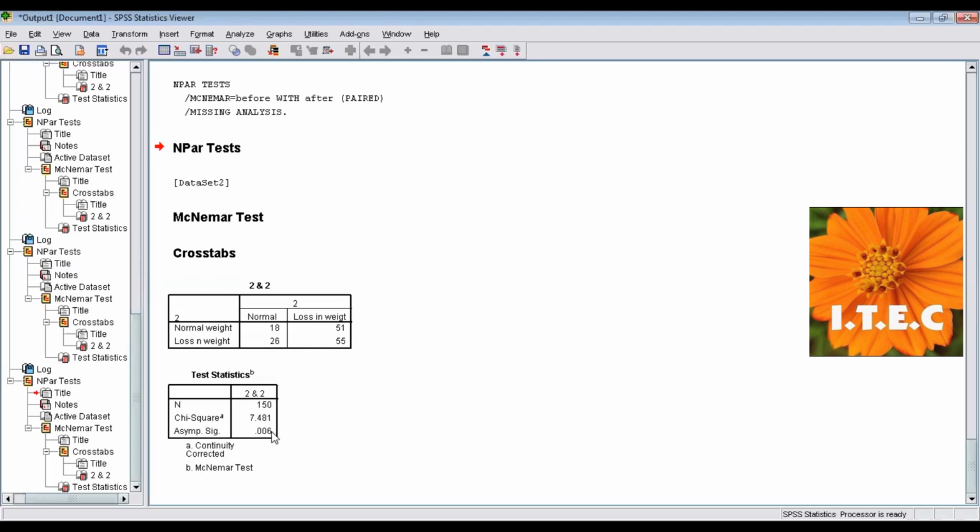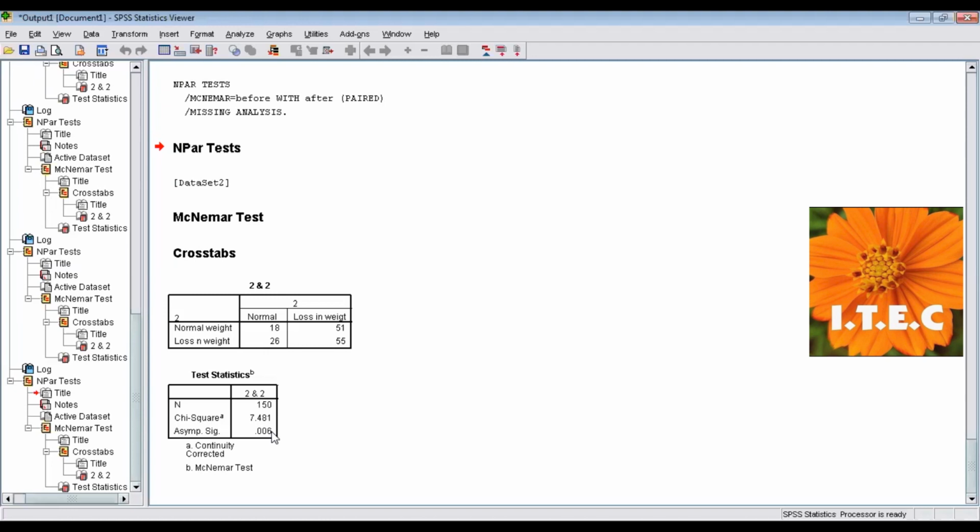So let us see how we write the interpretation of this. It is 18, 51, 26, and the chi-square is 7.48 and it is significant.